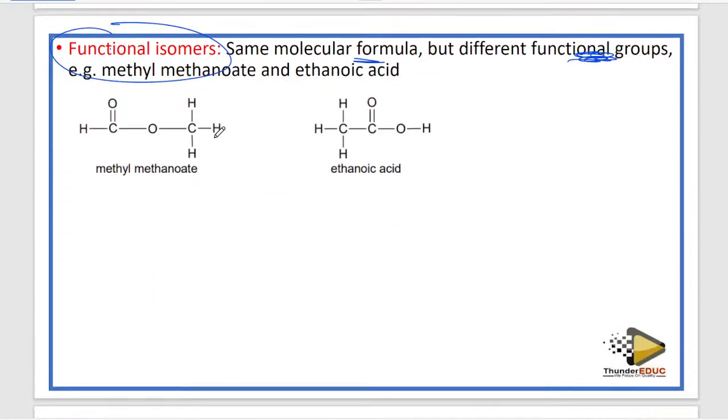Functional isomer. Now here you change the function. It's like the lady before marriage and the lady after marriage. You are still the same person, but what changes is your surname, because this time you take the surname of your husband.